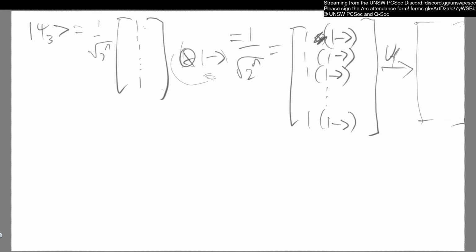Oh, I hate it when my thing goes off the screen. There we go. It will be 1 times the ancilla qubit, which has been unchanged, but it's just modified by this phase, the result of f of x, and minus 1 to the power of f of x, and so forth, all the way to the end, no exceptions.